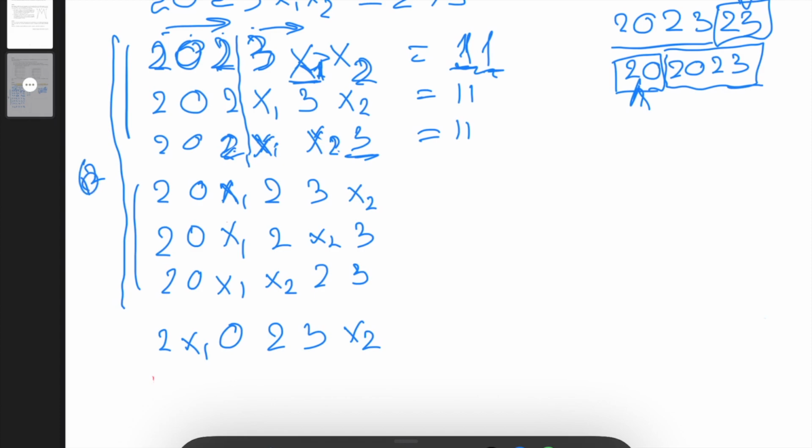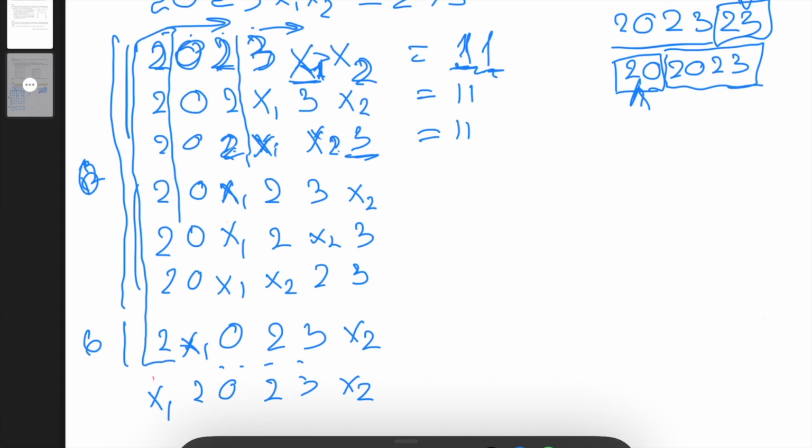So x1 on second position will have 6 different combinations, and each combination will be multiplied by 11. And when we put x1 on first position, it will be the same amount as when we fixed 2 on first position, so 12.